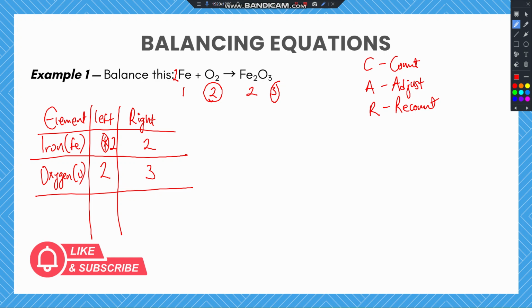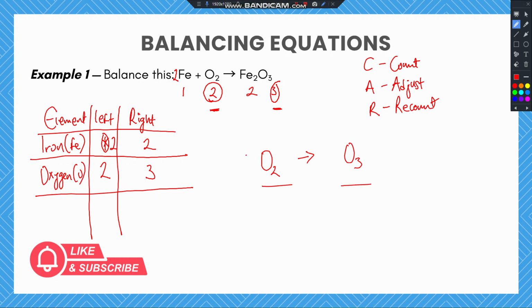Well, there is something I will do. It's called creative multiplication. I will use a number to multiply the left hand side over here and use another number to multiply the right hand side over here to make both sides become equal. So here is what I mean. On the left hand side I have O2, on the right hand side I have O3. I want to make these two to be equal.